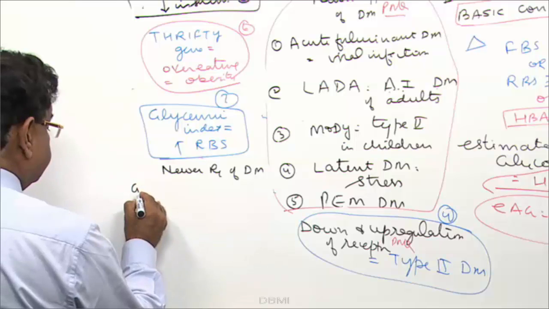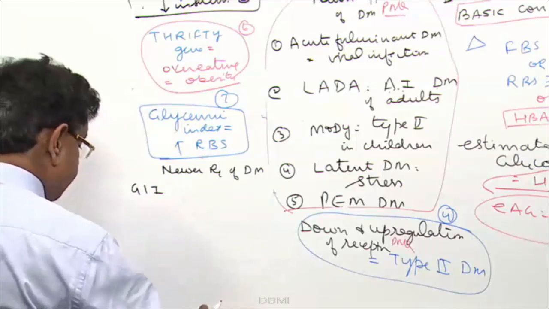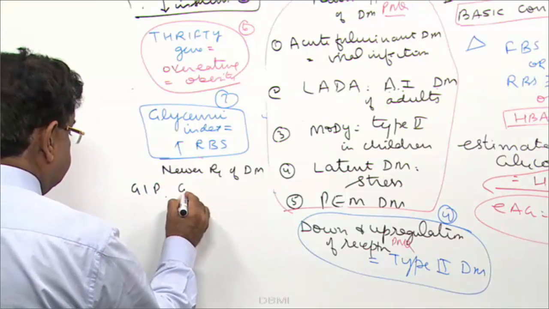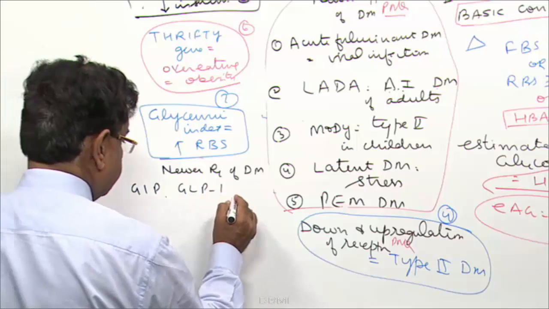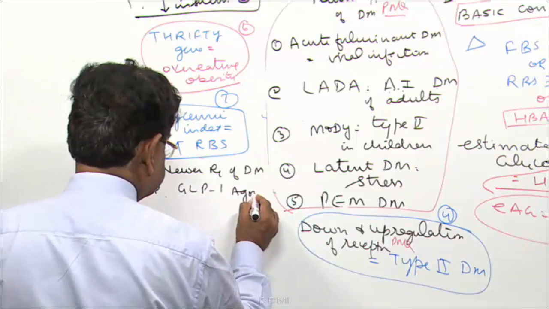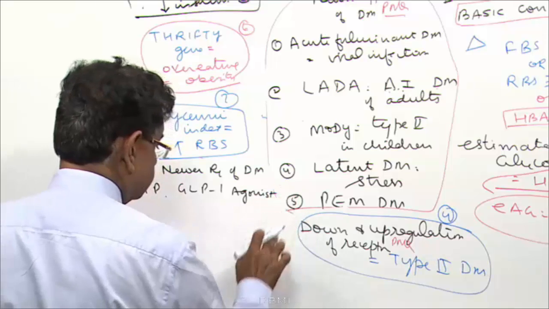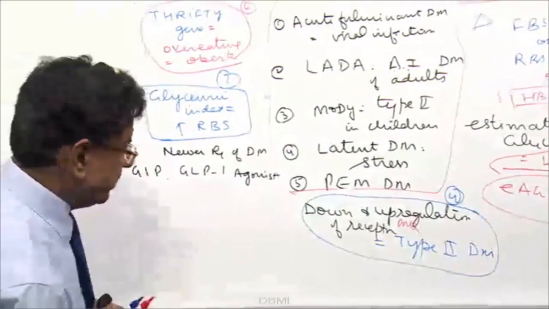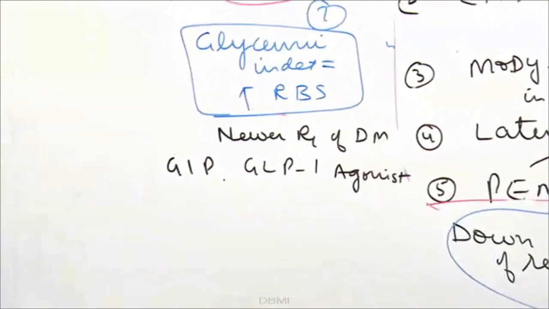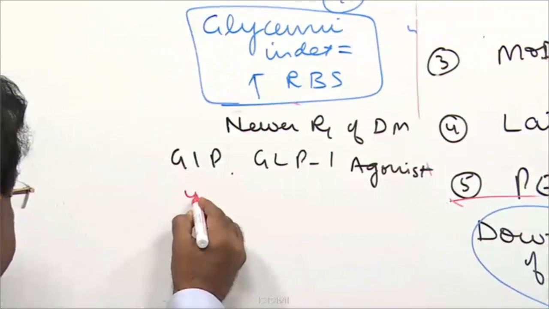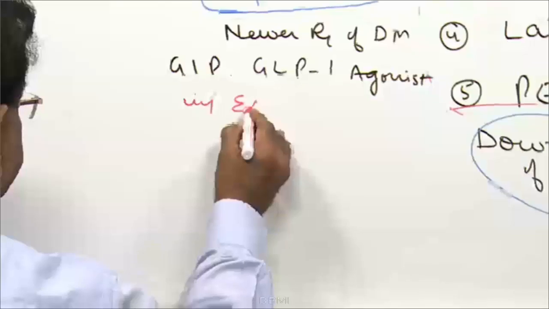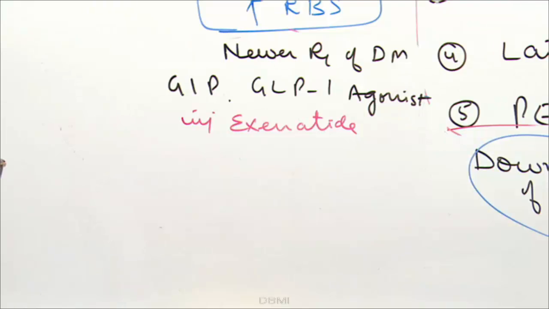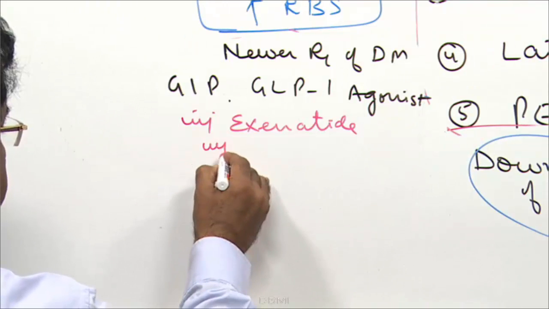First is GIP, GLP-1 agonist drugs. These include injection exenatide and injection liraglutide.